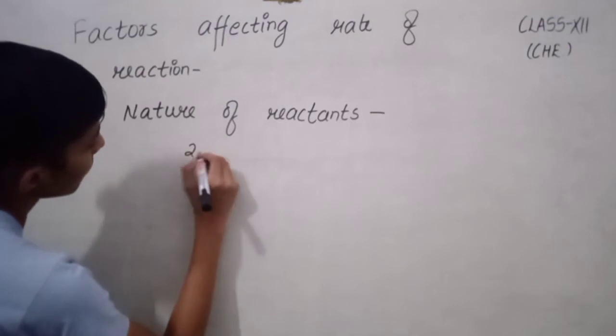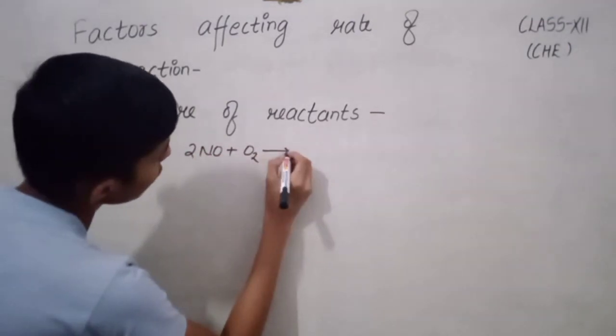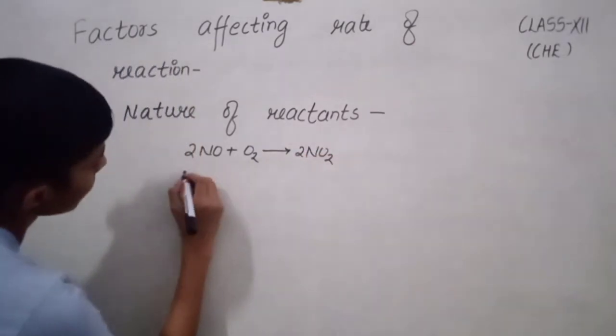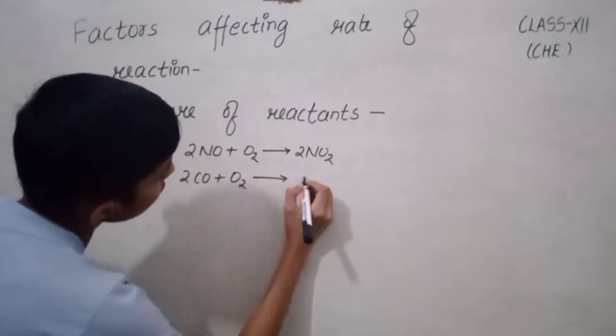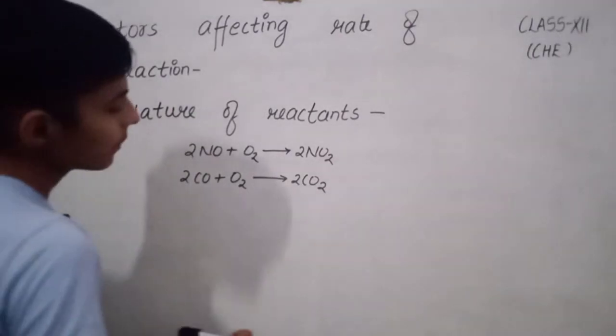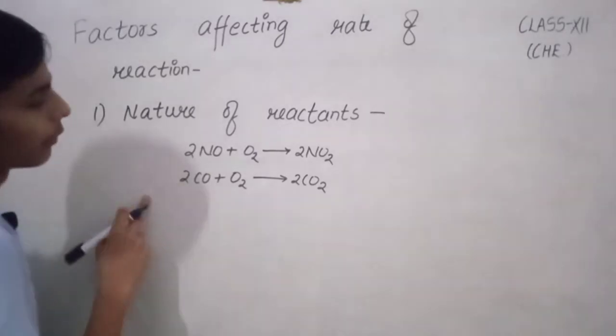Suppose 2NO plus O2 combines to give 2NO2, and 2CO plus O2 combines to give 2CO2. Now you all will tell whether the rate for these two reactions will be same or not.